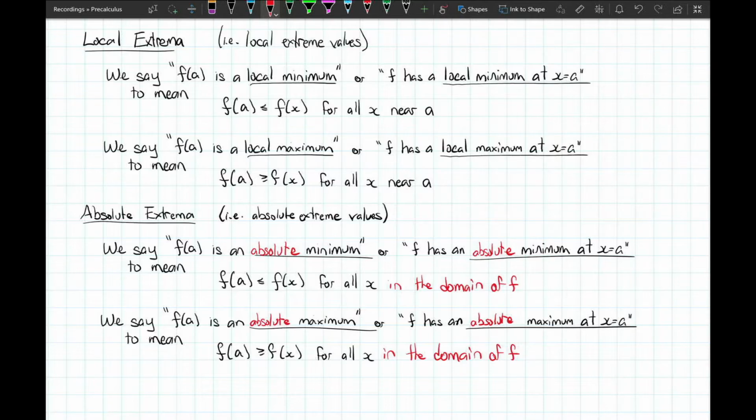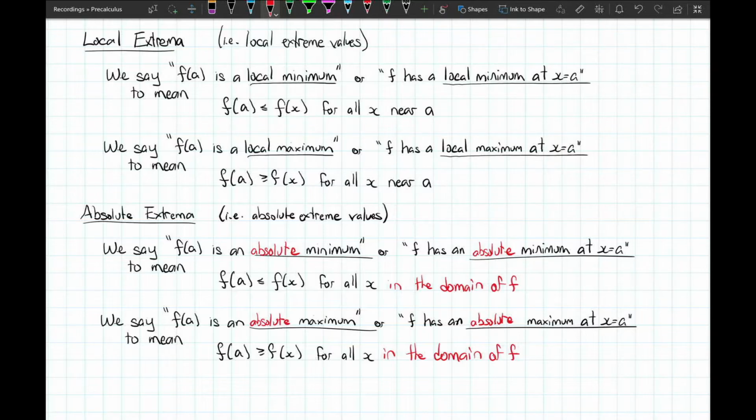That would be the absolute maximum elevation of the function that is the topographical map of the world. So there are advantages to just finding local extrema, and an absolute extrema is a local extrema, but it's also a little bit more. It is the biggest value overall.